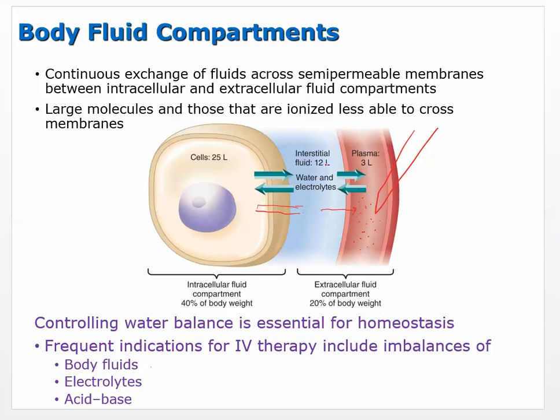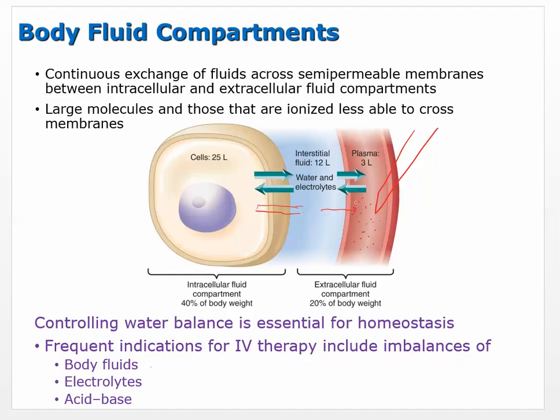So that movement, so putting things in, I think we kind of realize that. But ions and large molecules like proteins or starches, a lot of times, we'll see that when we talk about the colloid IV fluids, those aren't able to move as easily.